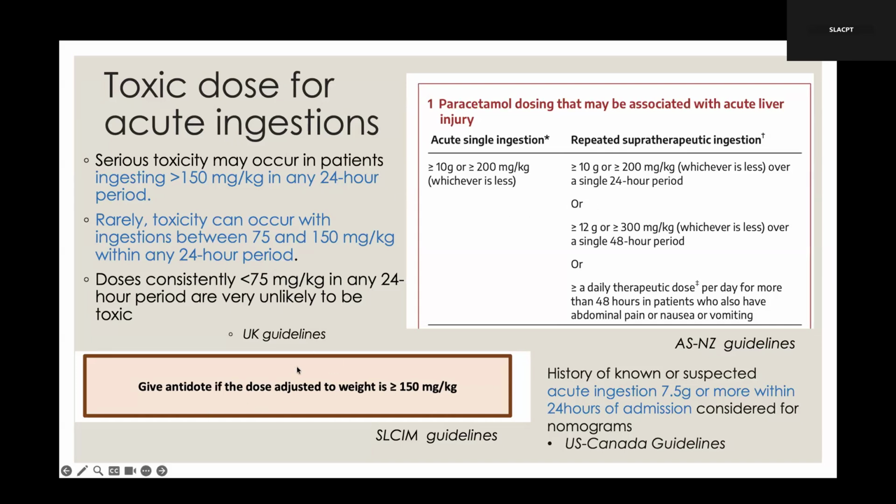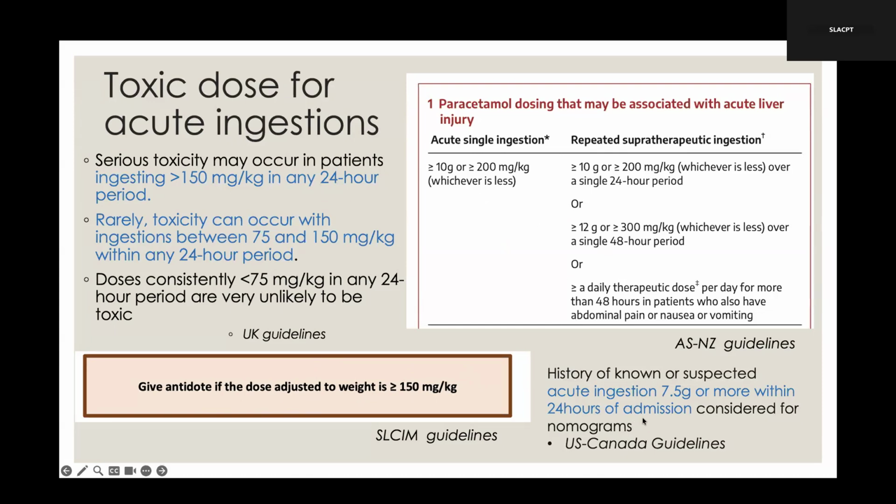And our Sri Lankan guideline recommends using the antidote if the dose ingested is more than 150 milligrams per kilogram, which I think is a very rational and reasonable recommendation. The Australia-New Zealand guideline considers anything more than 10 grams or 200 milligrams per kg, whichever is less, as the toxic dose.